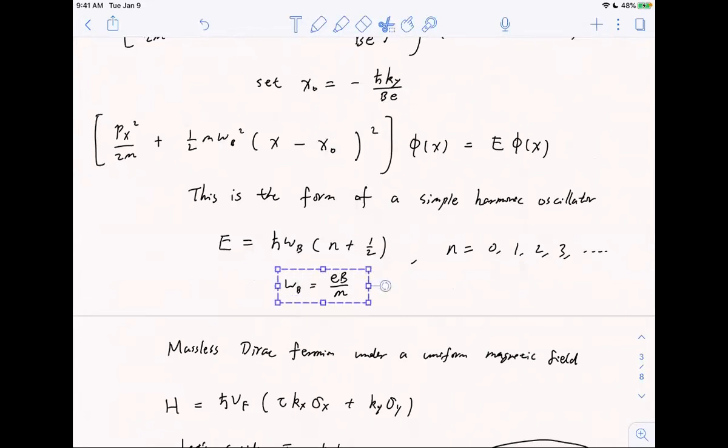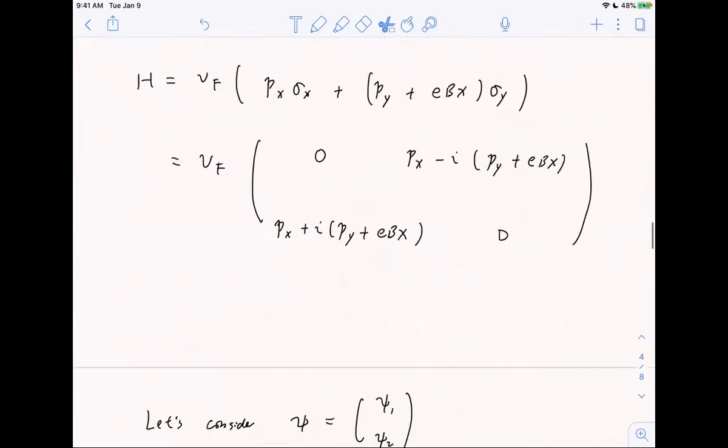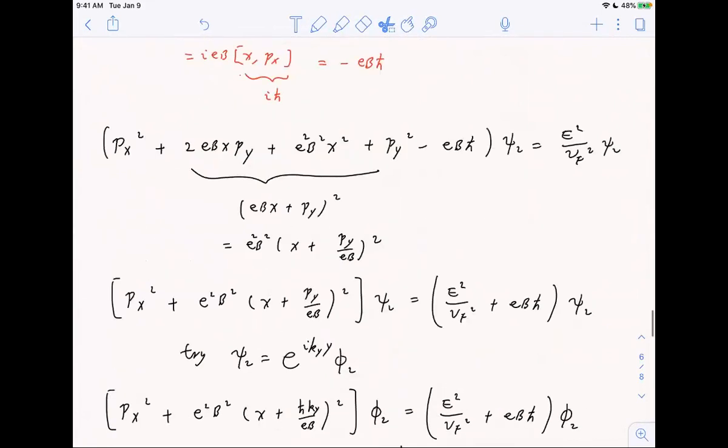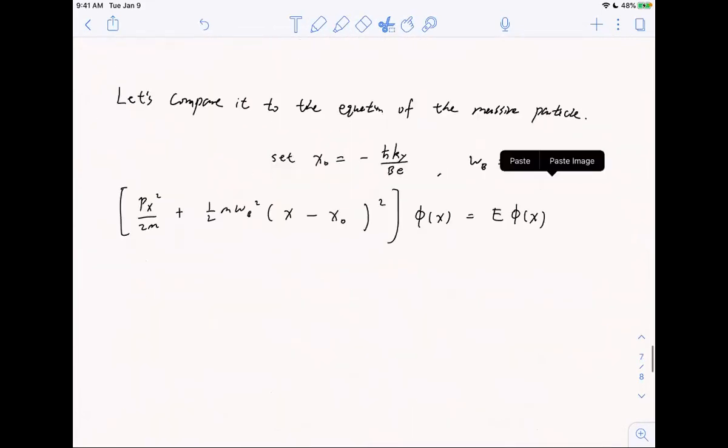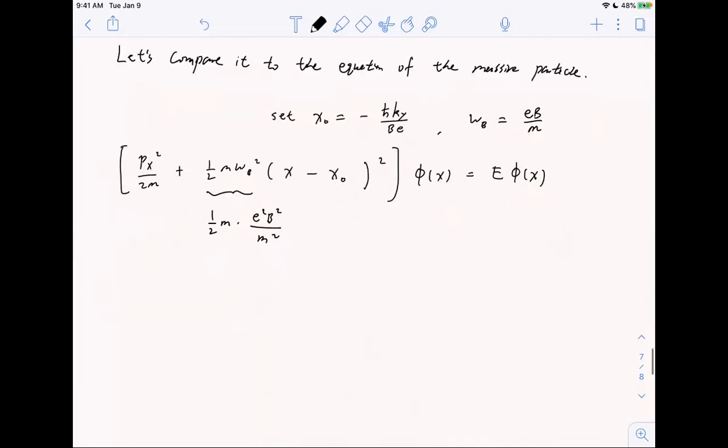This is omega_b. So if you put omega_b inside, this will be e squared b squared over m squared. We're kind of doing it backward.